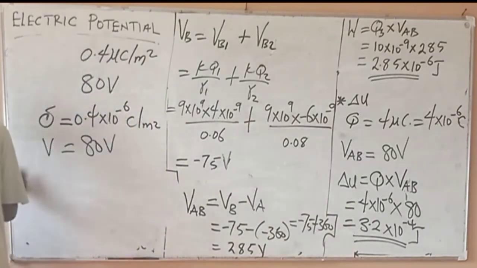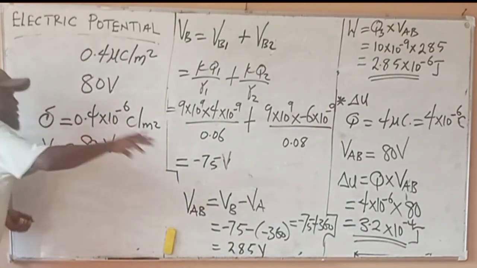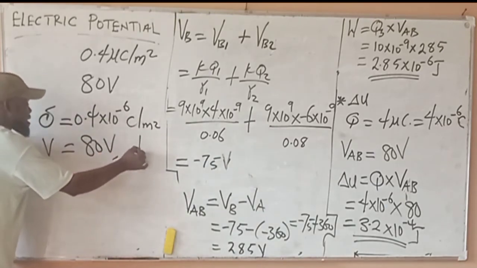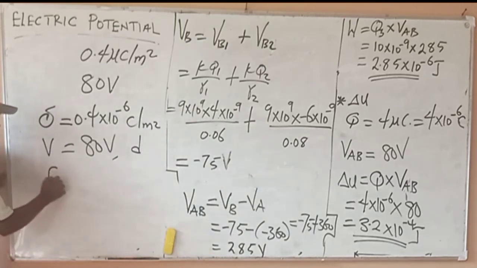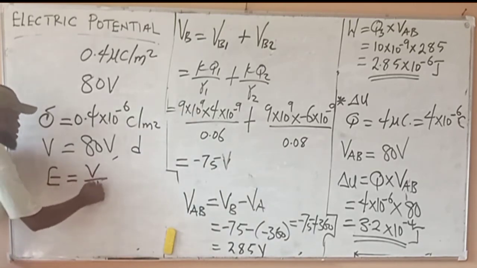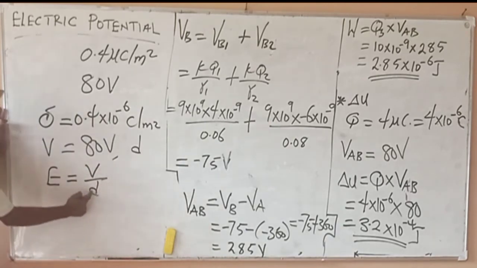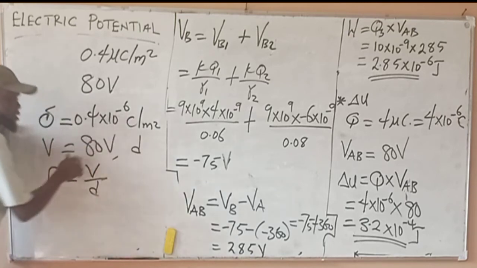Then what next? They asked how far apart, which means the distance between them. Remember I told you that electric field is equal to electric potential over distance. So what is this distance? We can get the electric field for a charge sheet.